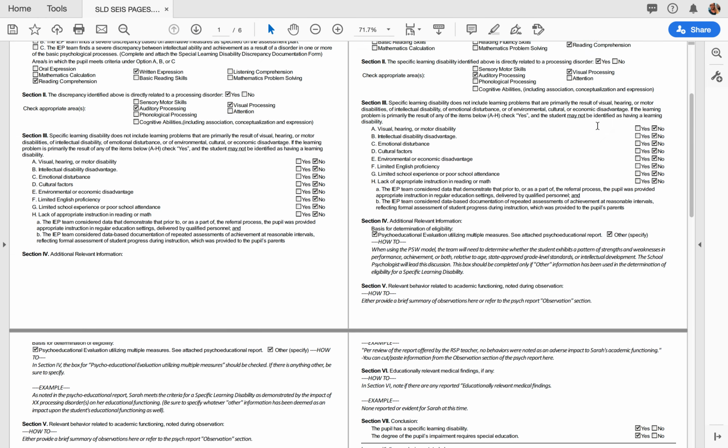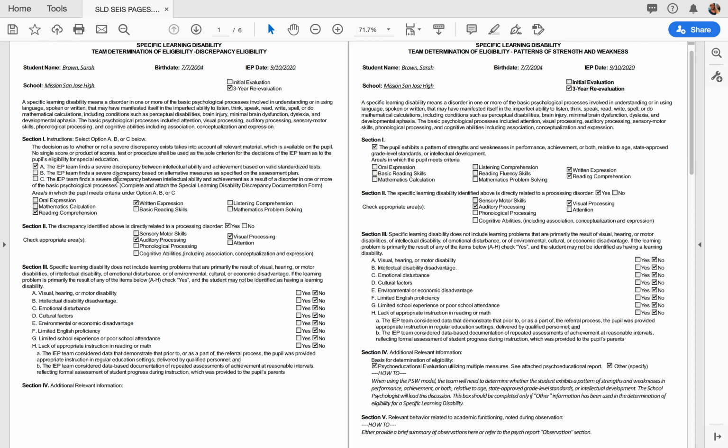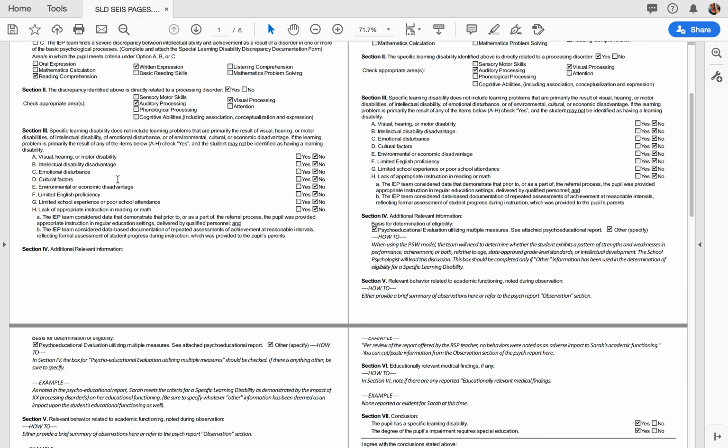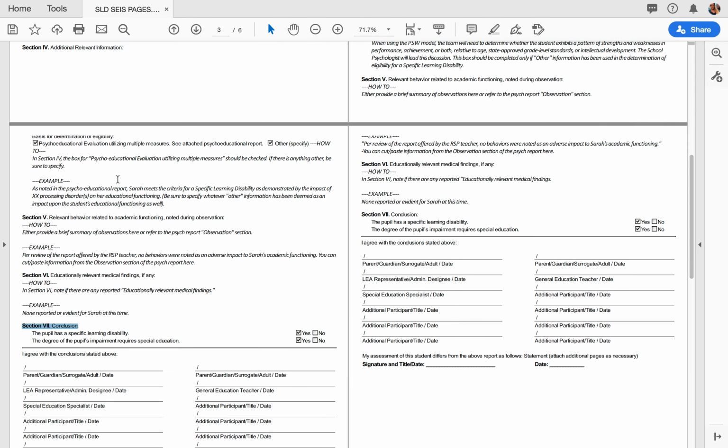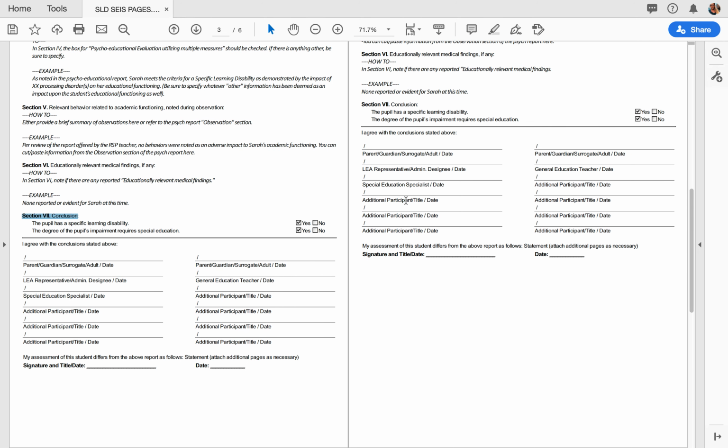If you are using SLD and you are marking C, that is when you are filling out the third page. Just know that at the end of the first page of SLD and for the PSW, the parent as well as the other team members who attended would be signing here in agreement to the conclusions stated above.